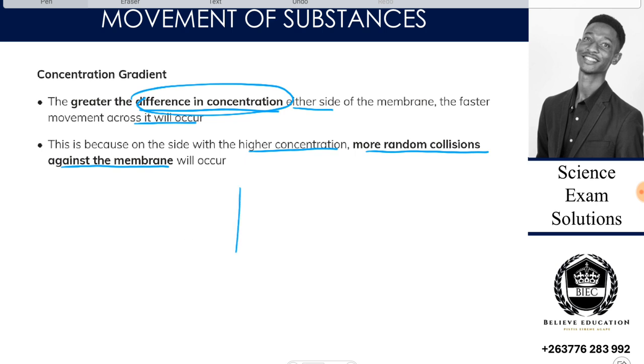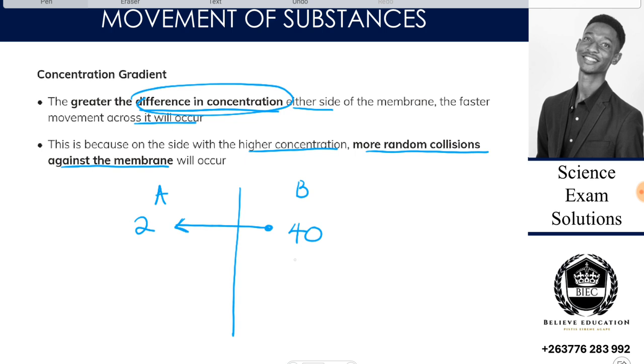So let's say, for example, we have side A and side B, and side B has a concentration of 40, then side A has a concentration of 2. Are we together? So the difference between them is about 38, which means molecules will move from 40 to 2, that's down the concentration gradient, from a higher concentration to a lower concentration.